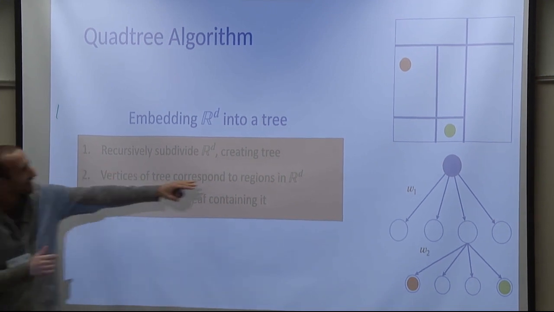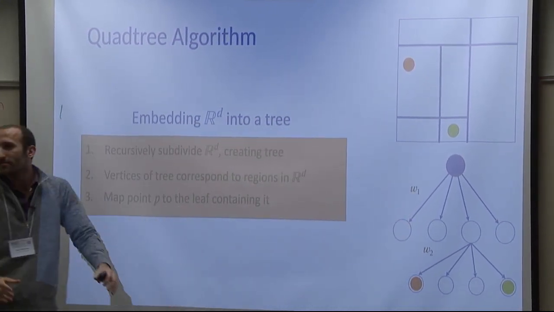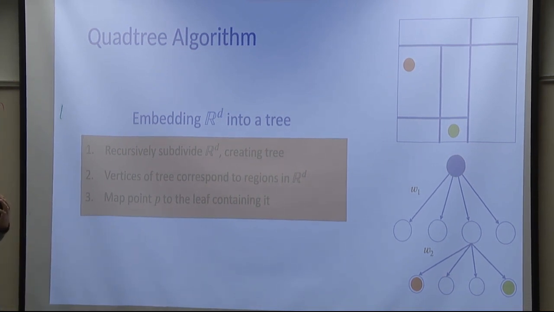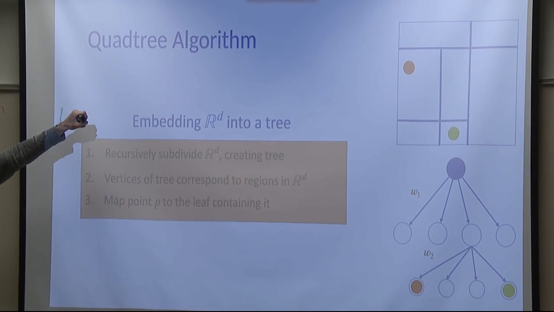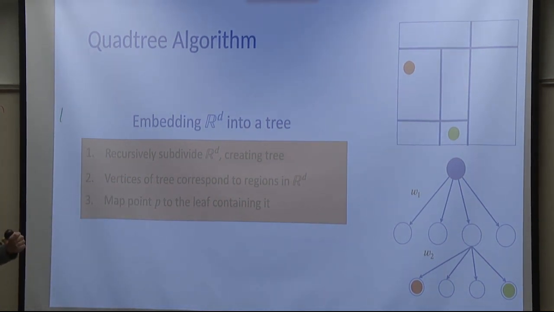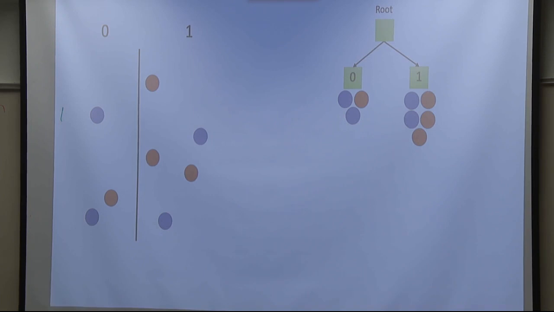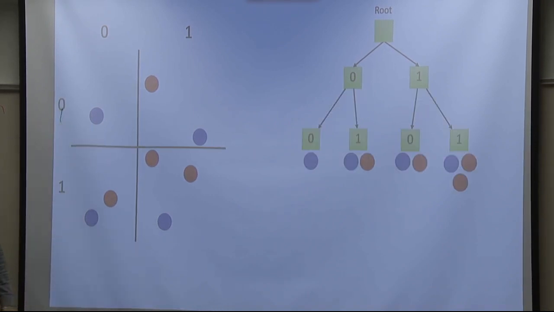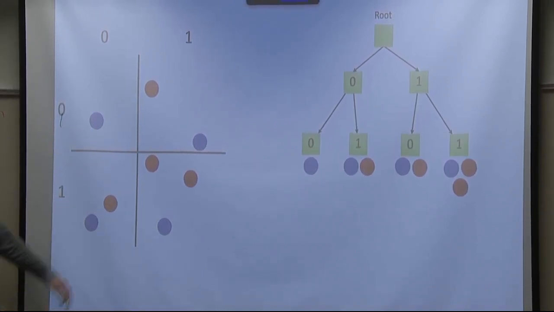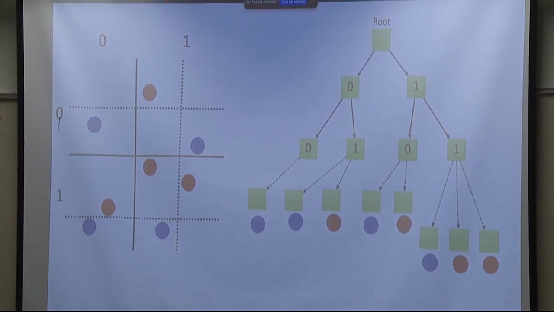We start out with the root, and as we apply subdivisions, each node corresponds to a region of the space consisting of points, and any particular point goes down to a leaf, wherever it lies throughout that tree. When we start with the root, we apply a division which tells us where to put each point. You apply another division, and so on, until maybe each point is by itself.